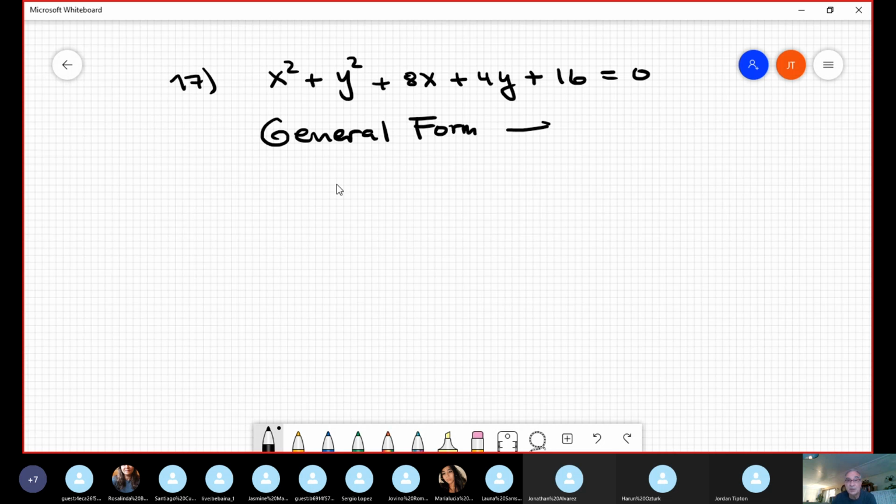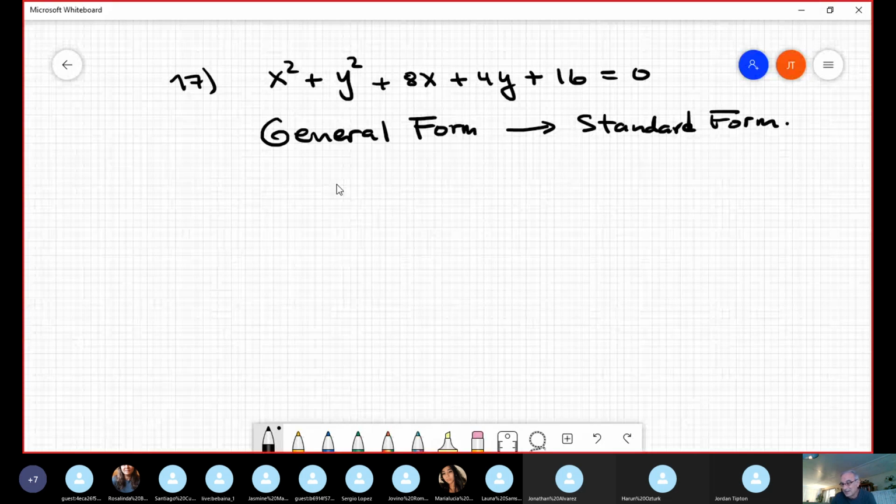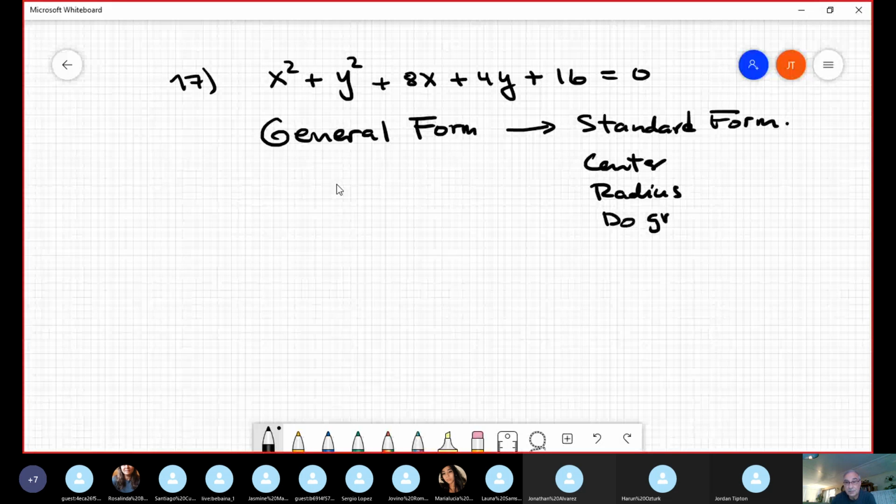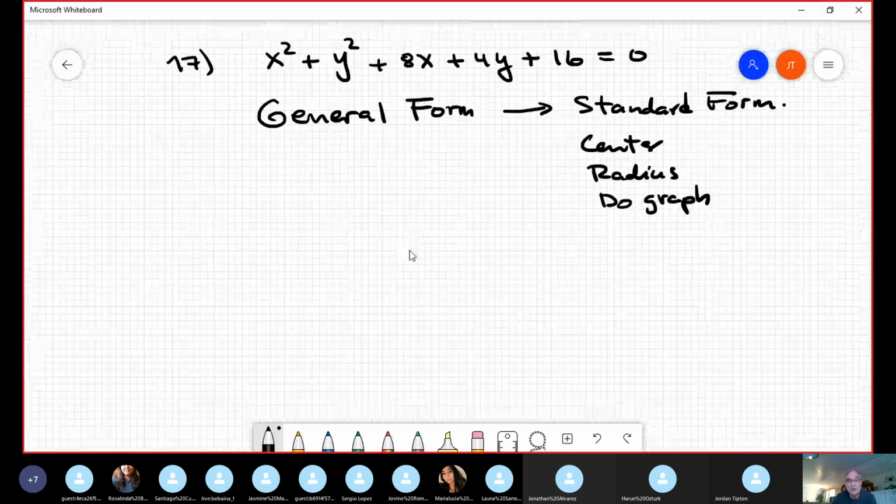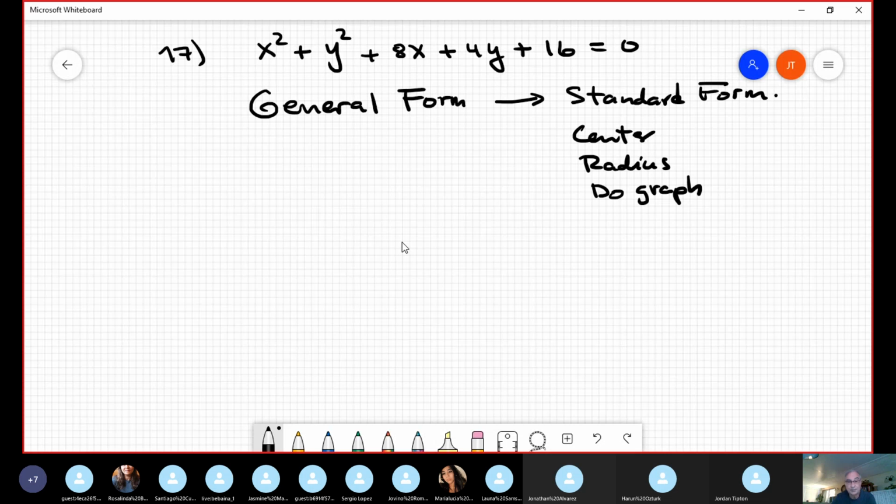So I need to transform this equation to standard form. And the complicated part, but actually it's not complicated, because we can use decimals if you want. Or let's do it by hand and decimal, both ways. Find the center, find the radius of the circle, and graph this circle. And this is classical. You need to complete the square. The complete the square technique.